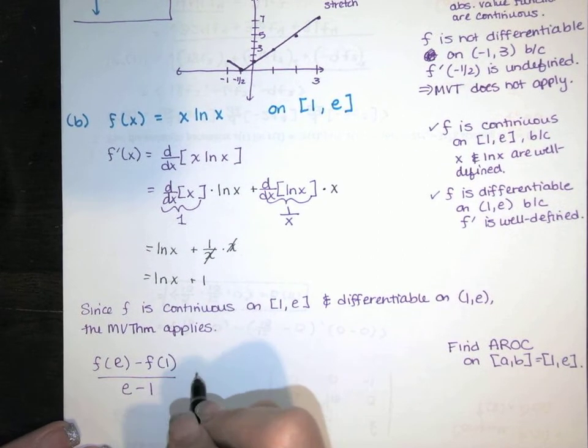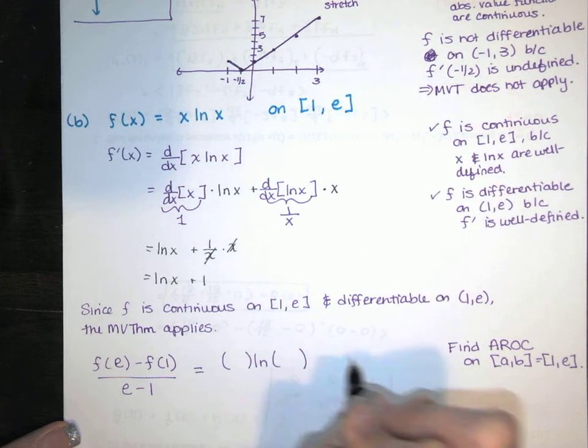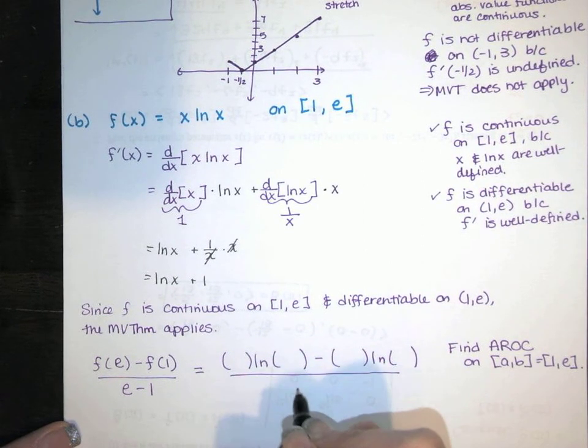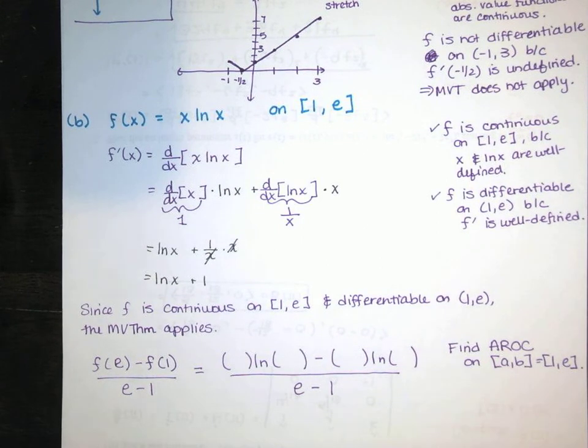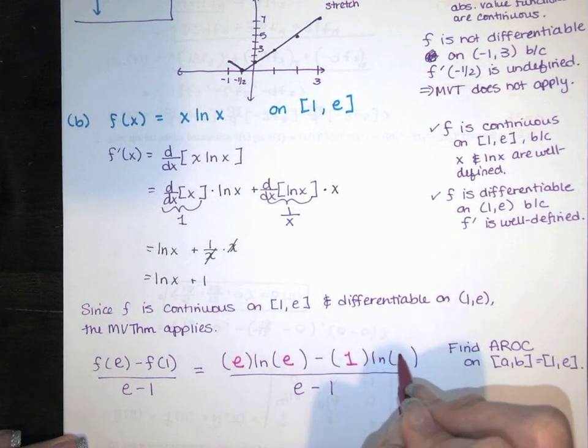That's f of b minus f of a. Now f was x times natural log of x. So I'm just replacing x with e and 1.